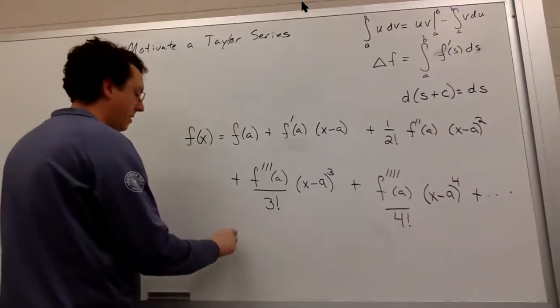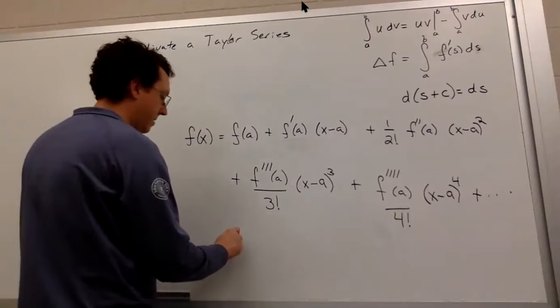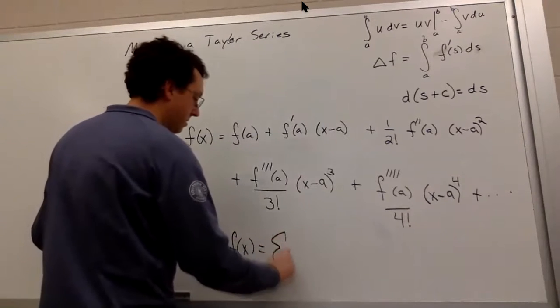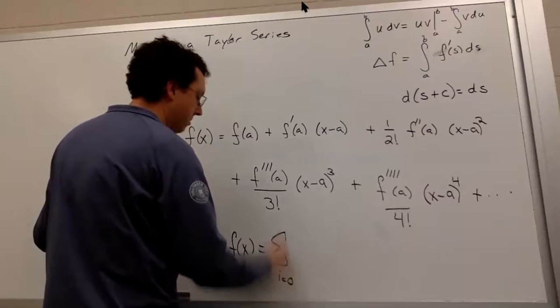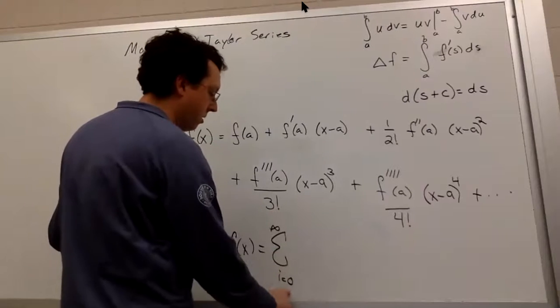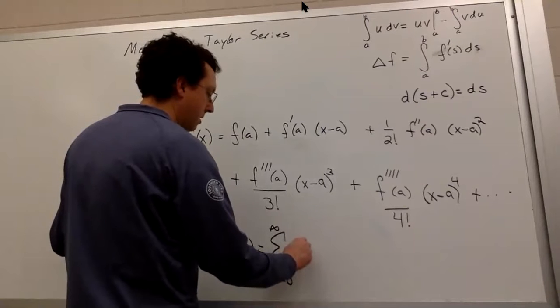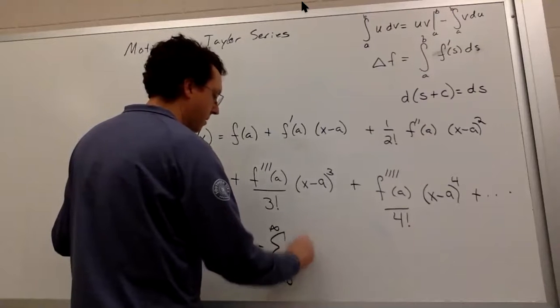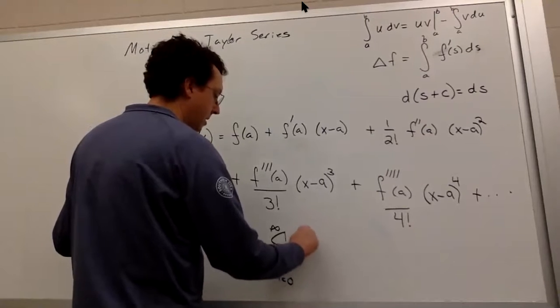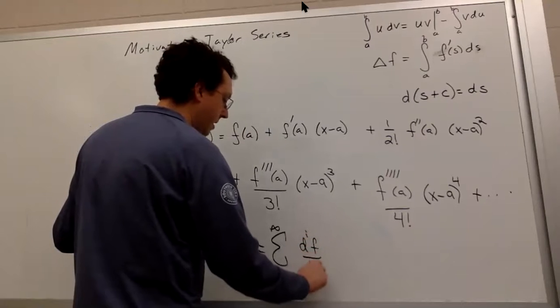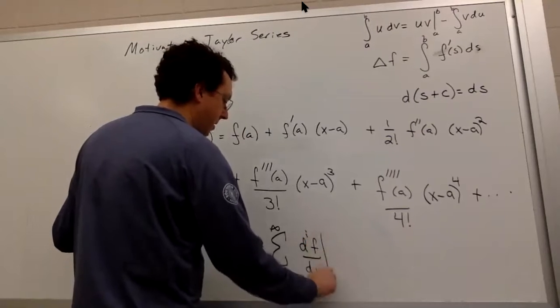It can be written nice and succinctly as f of x equals the sum from i equals 0 to infinity. So you start at 0, and then you work out the ith derivative, which I'm going to write as d^i f over dx^i.